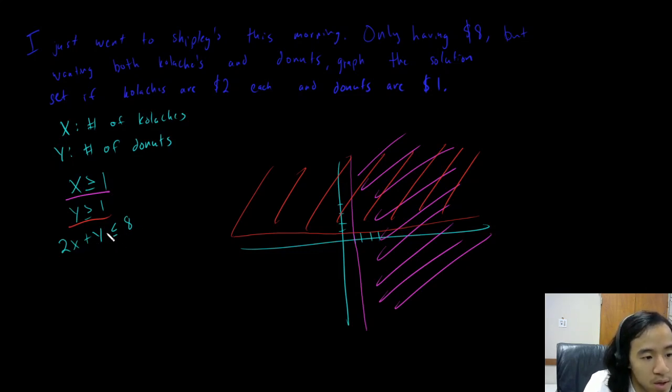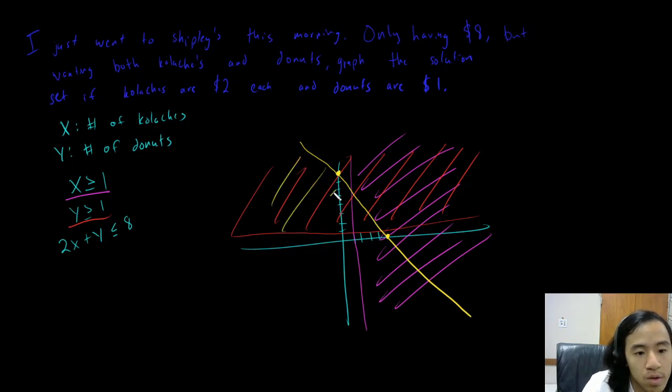So the y-intercept will be 8. So let's go ahead and graph that. 4, 5, 6, 7, 8. So here's that. Let's do this in yellow. And then the x-intercept will be at 4. So that will be right here. Draw this line.